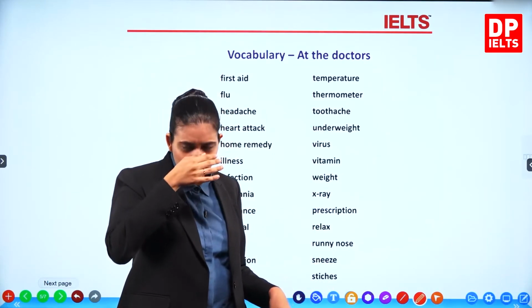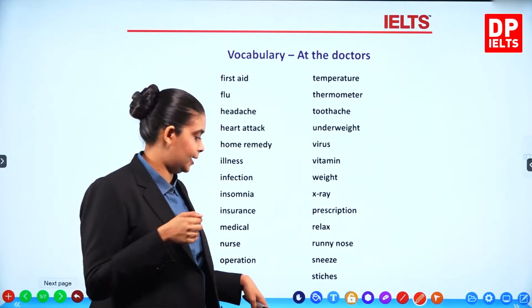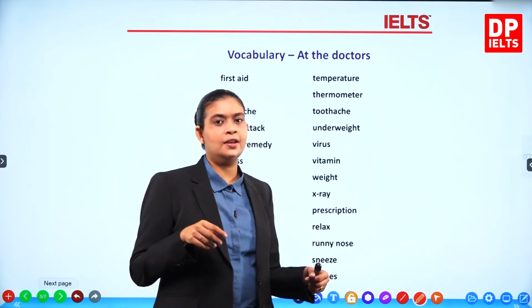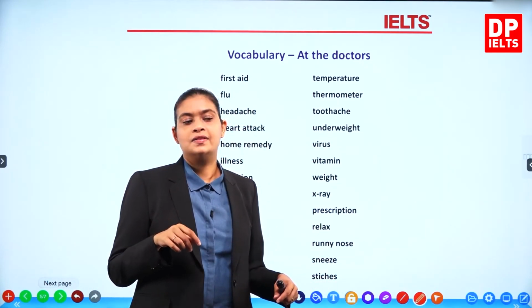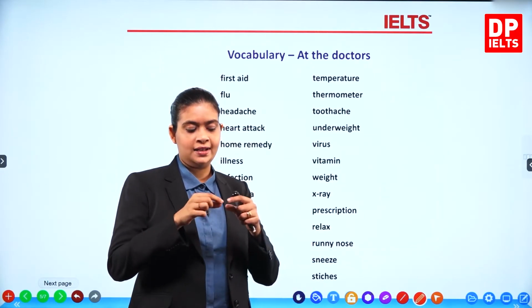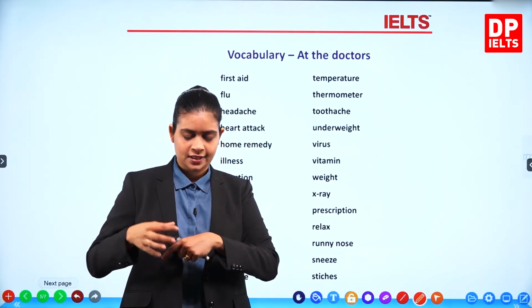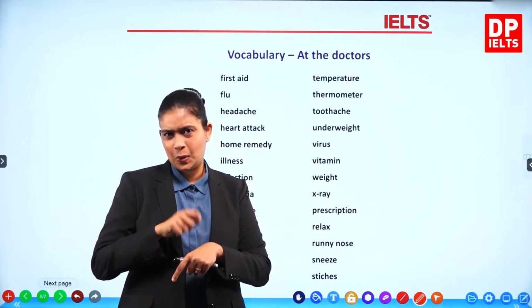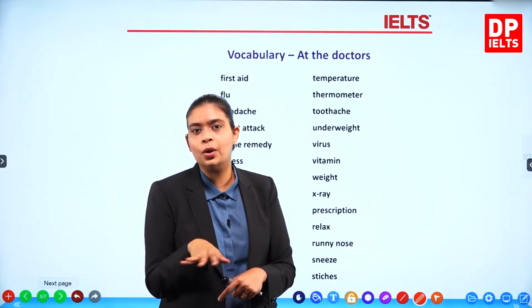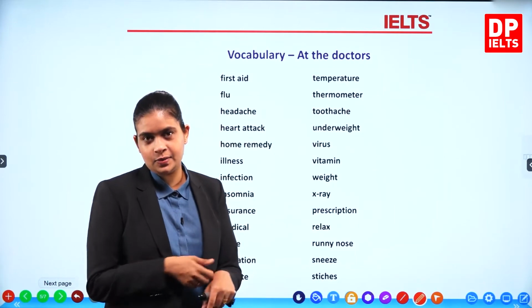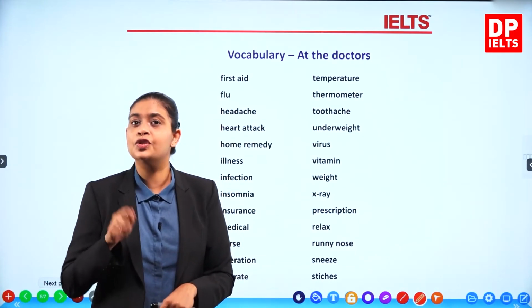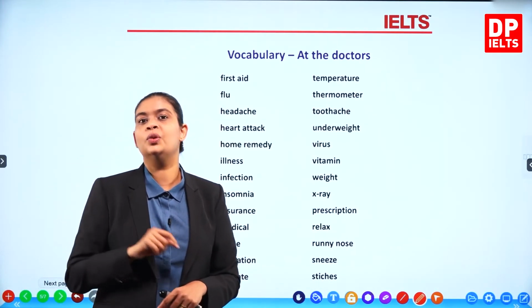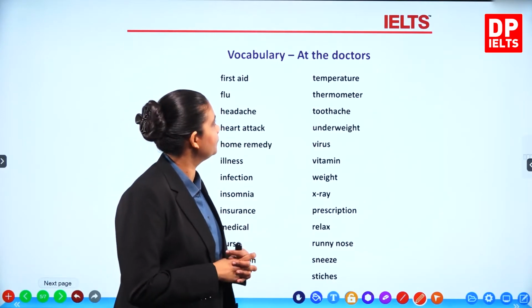Sneeze, ha-chung, sneeze, okay? Stitches is when, say for an example, you fall somewhere and there's a bad wound open like this, you need to stitch it up, okay? Kind of sewing, okay? But not sewing clothes, it's stitching up your body, okay? So we don't say sewing your body, you sew clothes, but you stitch the wound, okay?